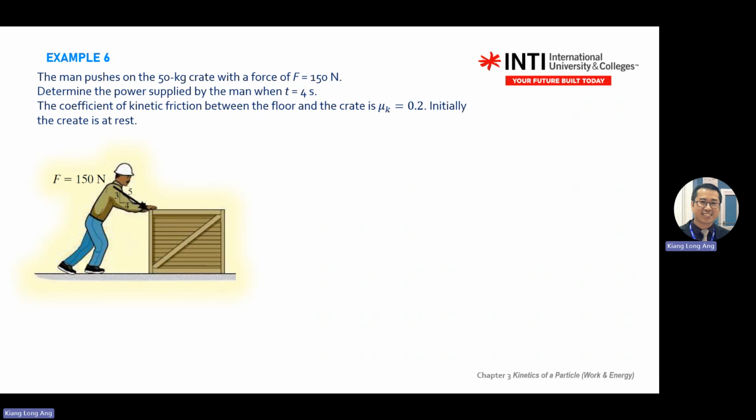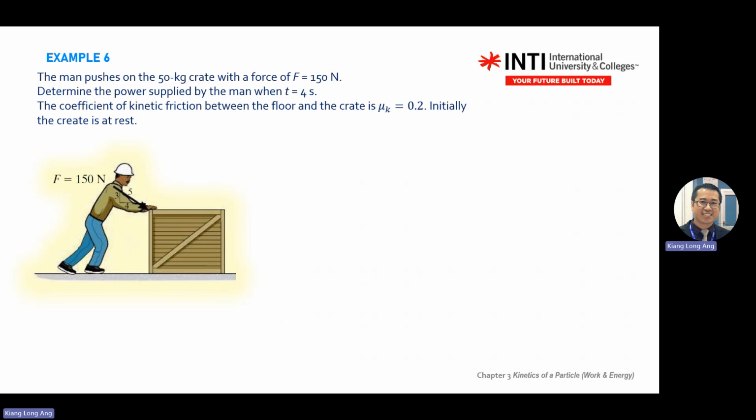Your focus is on the crate. You start with the center of your mass. Draw down, write capital W equals mg. Then an external force at a certain angle. This one is 3, 4, 5 with the force of that.